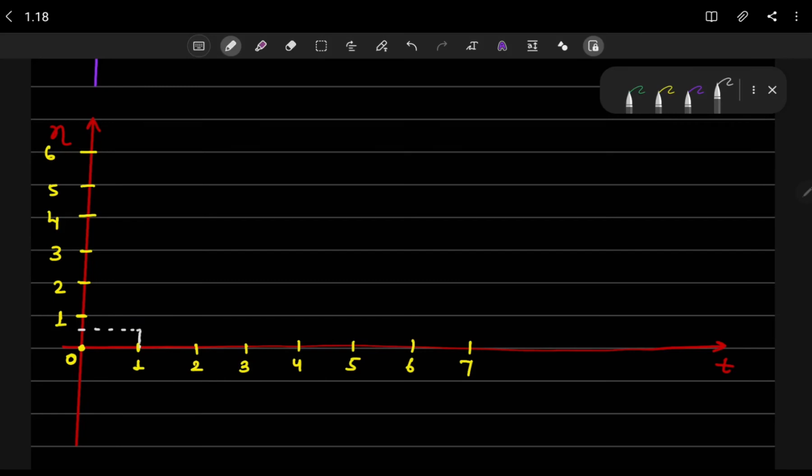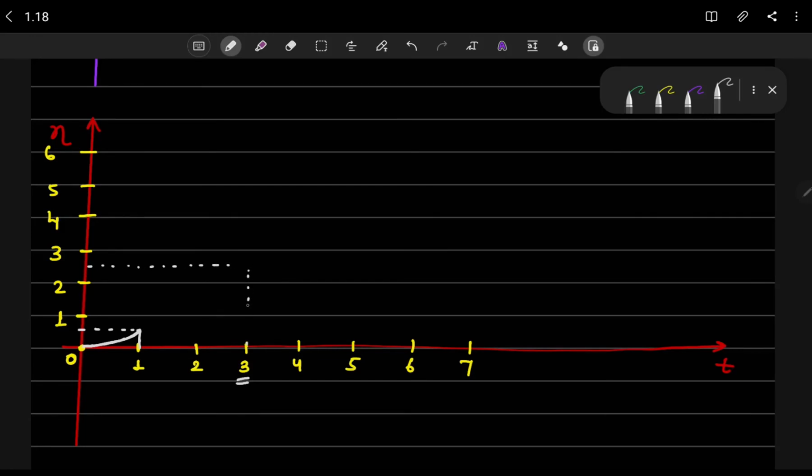So this is the position half, and the equation is t square by 2, so it will go like this, to time t is equal to 1, and at time t is equal to 3, we know the position is 5 by 2.